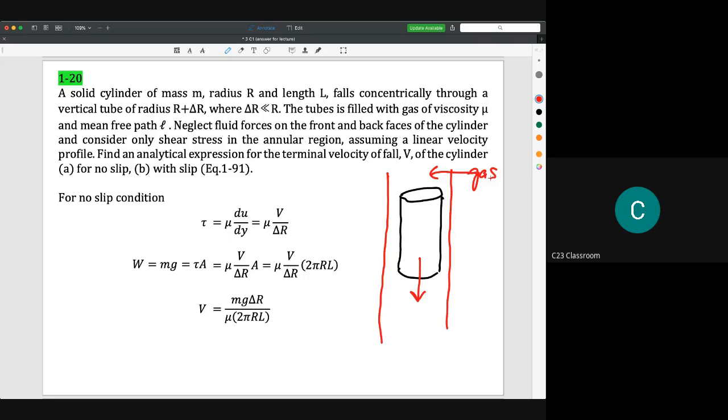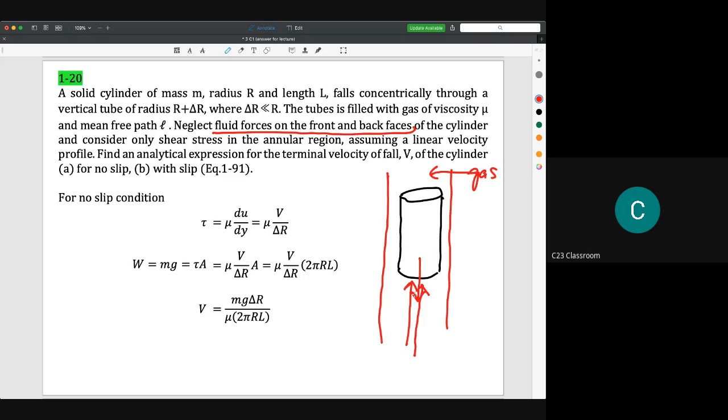The idea of neglecting fluid forces on the back and front faces is, as you know, when something is falling down like this, the air will hit the cylinder surface here and create some kind of resistance. So we neglect that one.